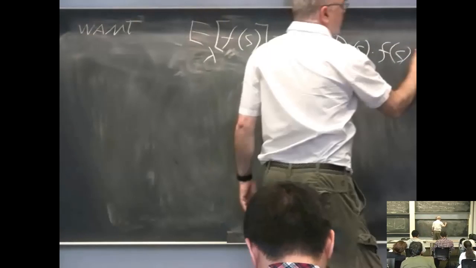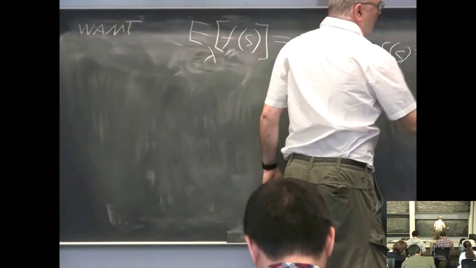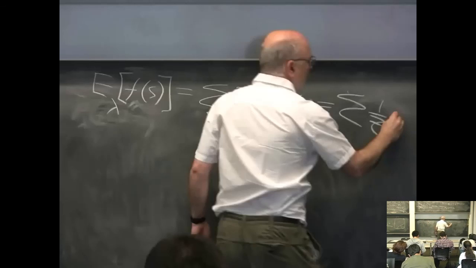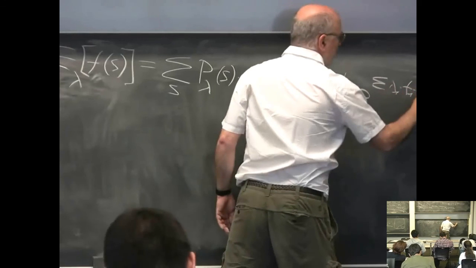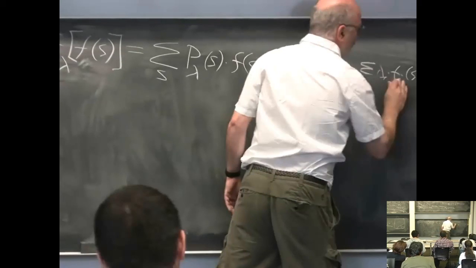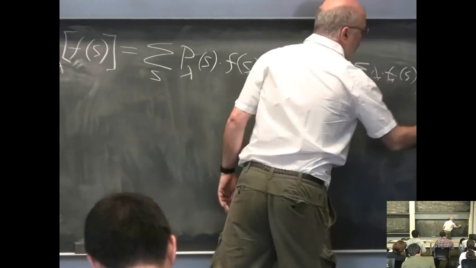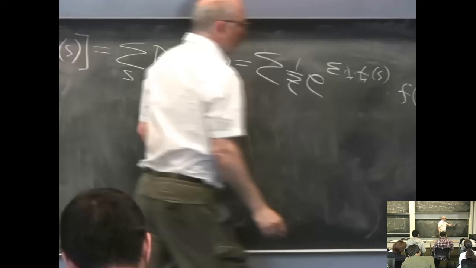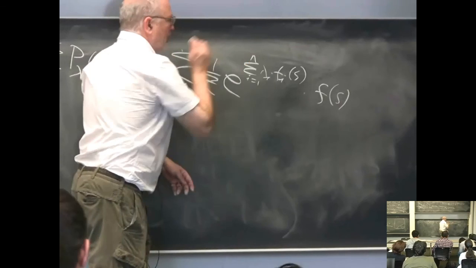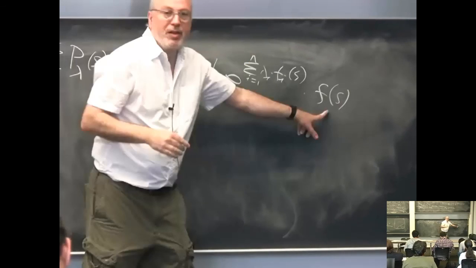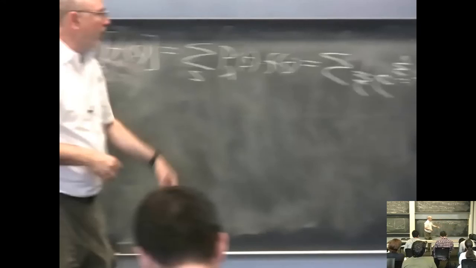I will write it explicitly as sum of 1 over Z e to the sum lambda i f i of s, times f i of s. This f is one of those f's, the one from here.